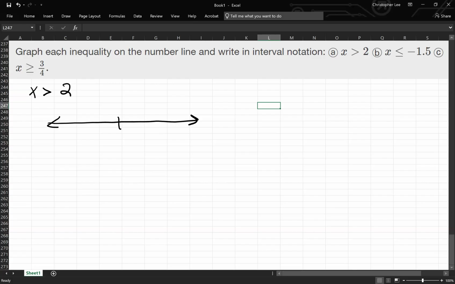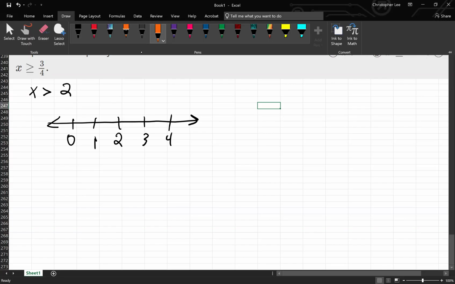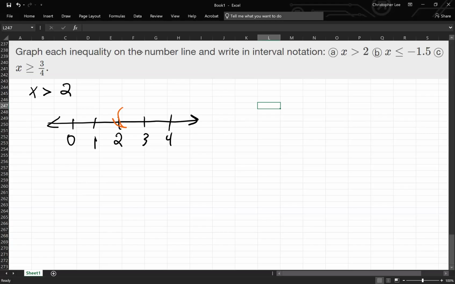Again, I like to start off with my a term, so that's 2. To the right, I'm going to have 3, 4. To the left, 1, 0. Now this is greater than, not greater than or equal to, so it's going to be a parenthesis around the 2, and I'm going to shade all the numbers that are bigger than 2.